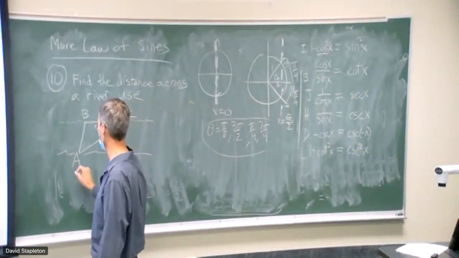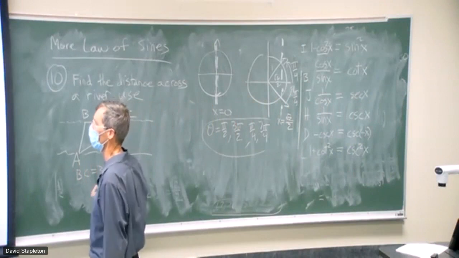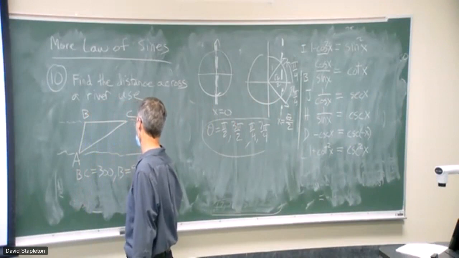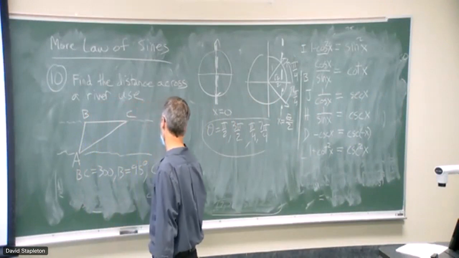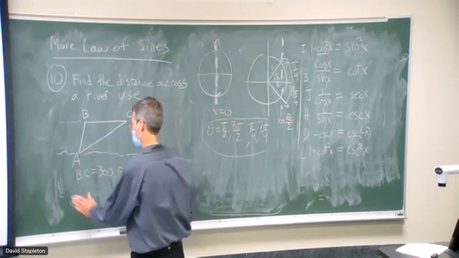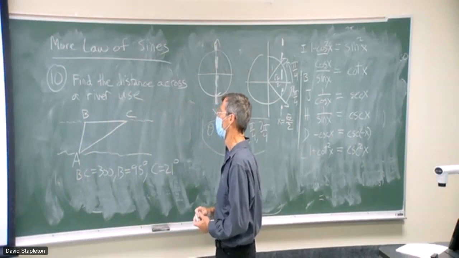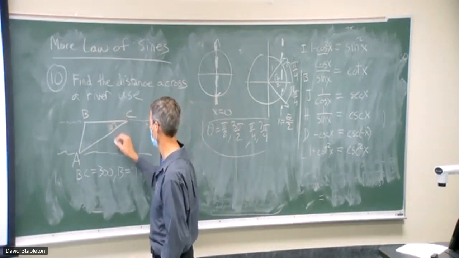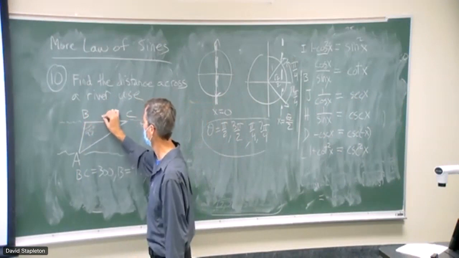Suppose BC equals 300, B is 95 degrees, and C is 21 degrees. I think it really helps to draw it in. Put in 21 degrees, put in 95 degrees, and put in 300.